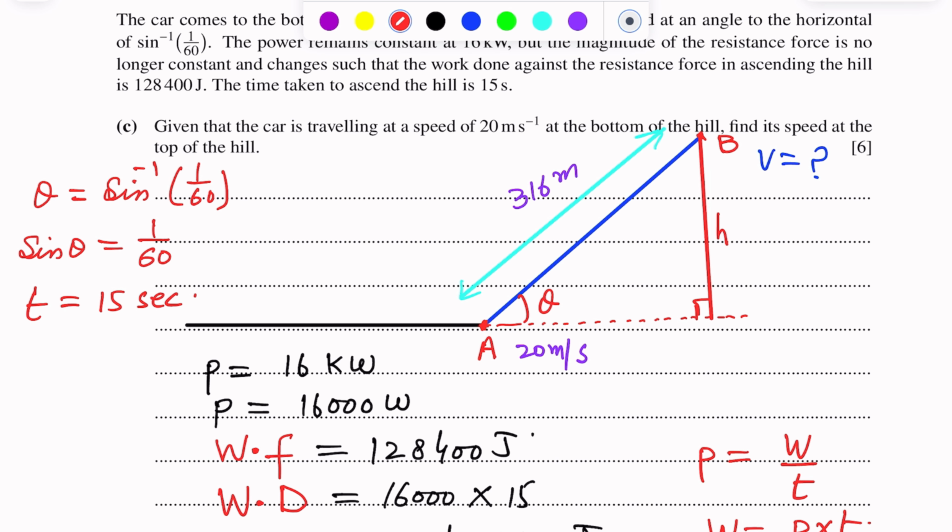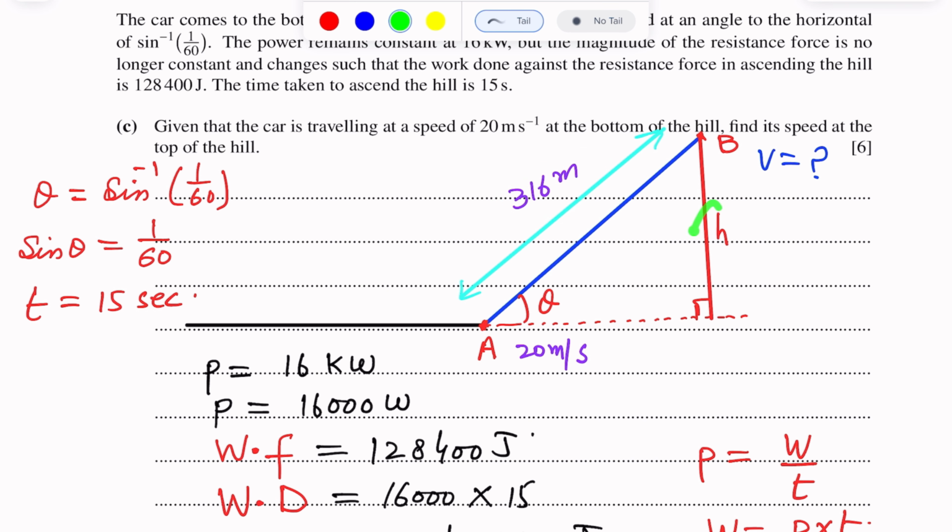Easily we can use a ratio to find h. Let this point be C. ABC is a right angle triangle. We can use the ratio sin theta equals perpendicular over hypotenuse. The side is given as 316.